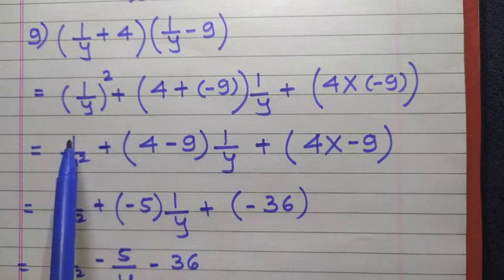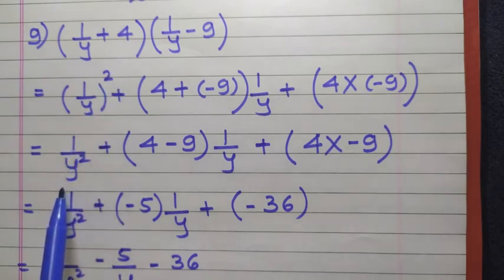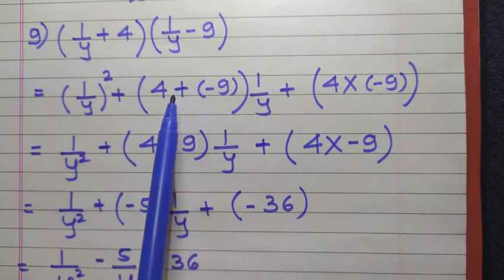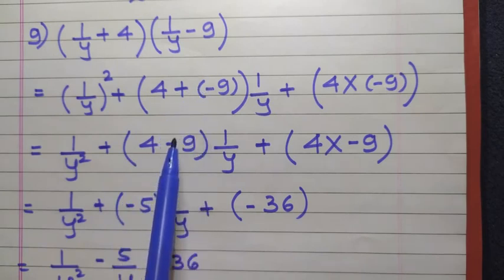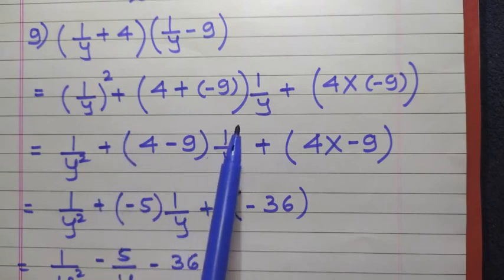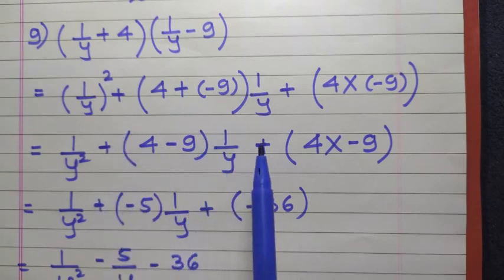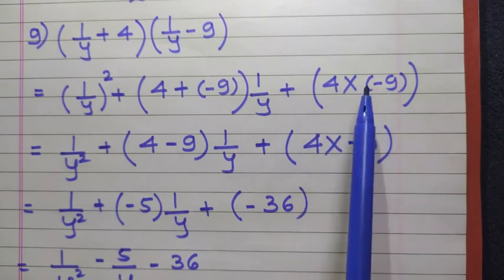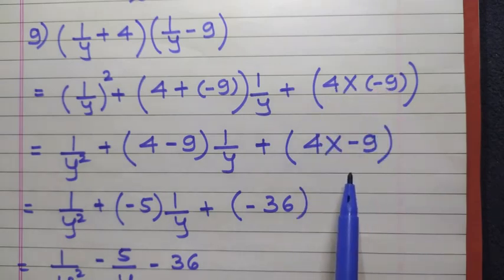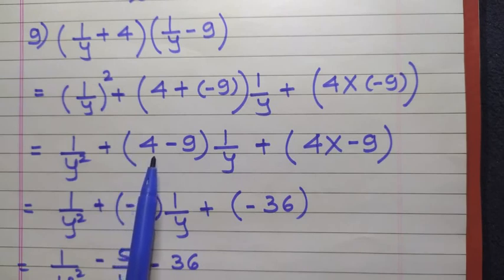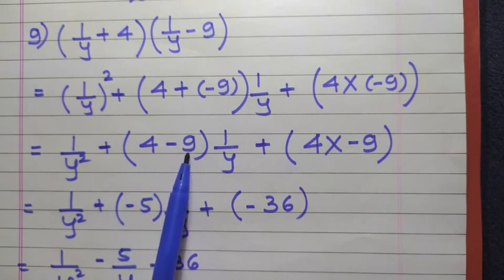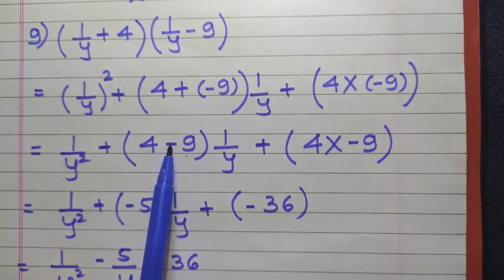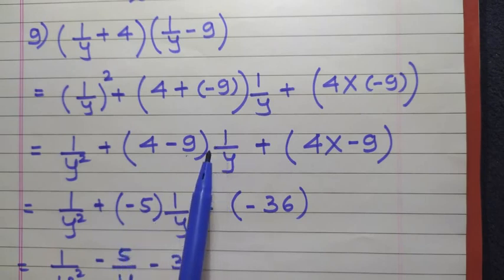Square of 1 is 1. Square of y is y square. Plus 4 plus into minus will be minus 9, into bracket 1/y, plus 4 into minus 9. Now here it will be subtraction between 9 and 4. 4 will be subtracted from the larger term 9. So the answer will be 5, and the final answer sign will be the larger term's sign, which is minus. So here I have written minus 5 into 1/y.